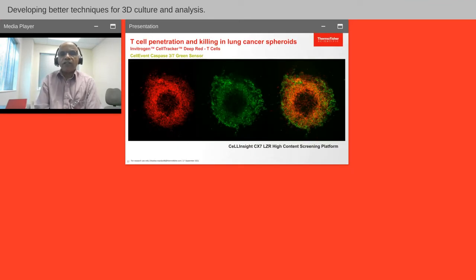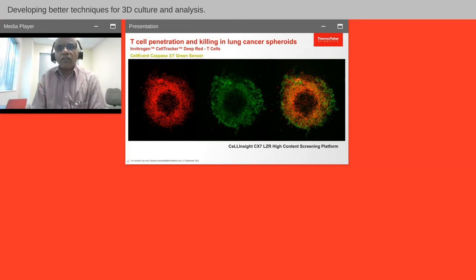Here is another example where we show T cells attacking a spheroid and killing the cells in an SKBR3 spheroid. And then again here the cell death can be seen by caspase 3/7 reagent, while the T cells are stained with CellTracker Deep Red.